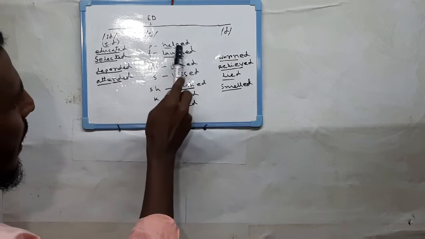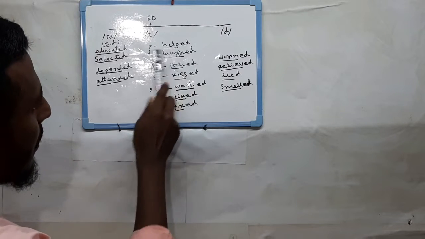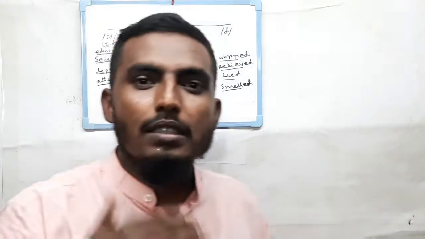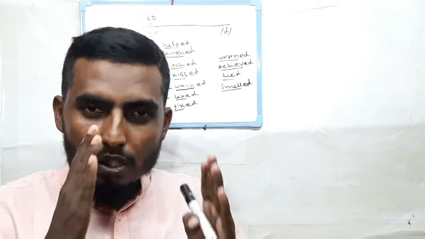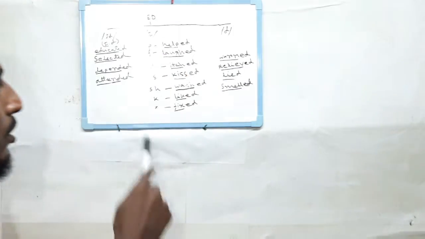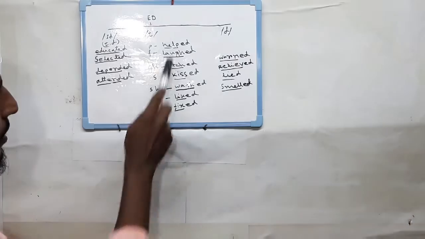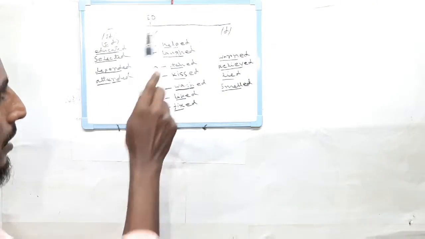Notice here help. I underlined help, this is our root word and it has ended going to an fa sound. So, as I told you, when the root word ends in an fa, cha, sa, sha, kha, or x sound, we have to pronounce the ed ending like a ta sound.